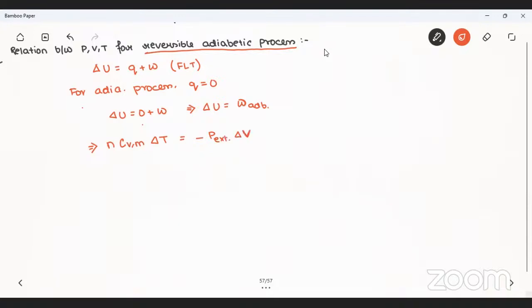delta V. Now try to remember that for a reversible process, just for this term, P external is very much equivalent to P internal, right? P external is equivalent to P internal, and we use integration.